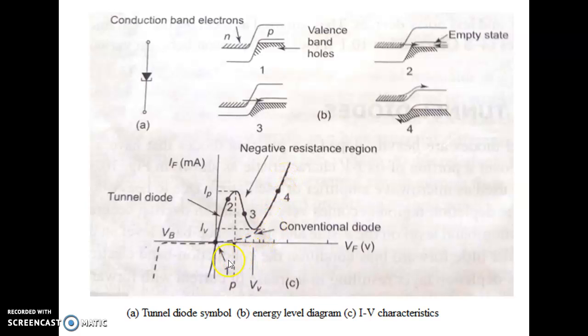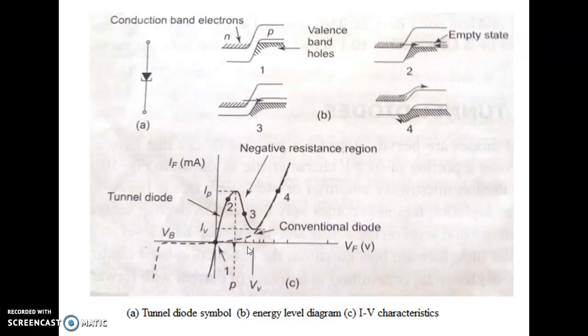The tunnel diode IV characteristic overlaps with the normal diode characteristic. At first, voltage begins to increase, electrons tunnel through the PN junction, and current increases with forward voltage.